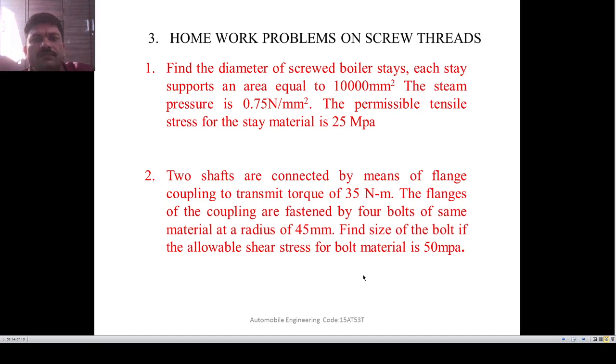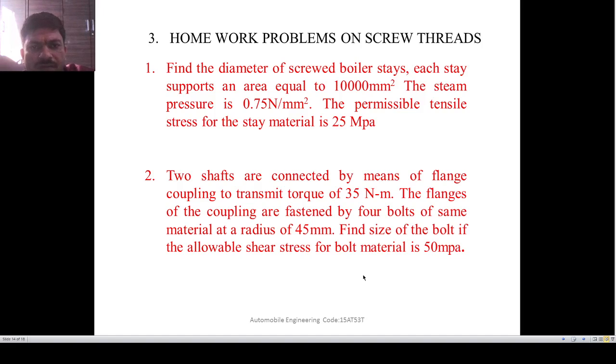Take down homework problem number 1. Find the diameter of the screwed boiler stays. Each stay supports an area equal to 10,000 mm square. The steam pressure is 0.75 Newton per mm square. The permissible tensile stress for the stay material is 25 megapascal.